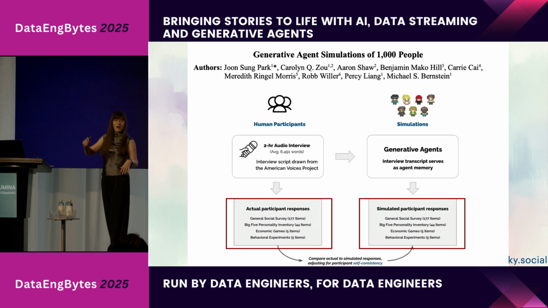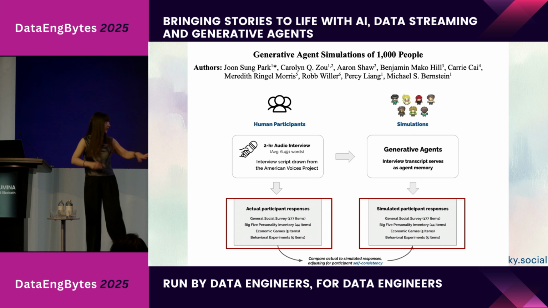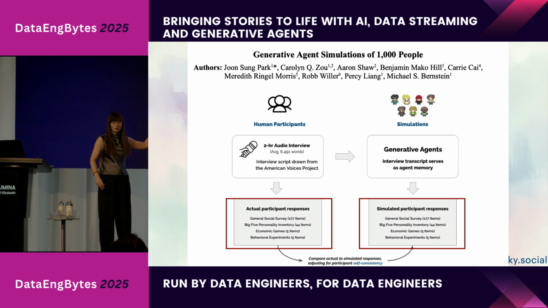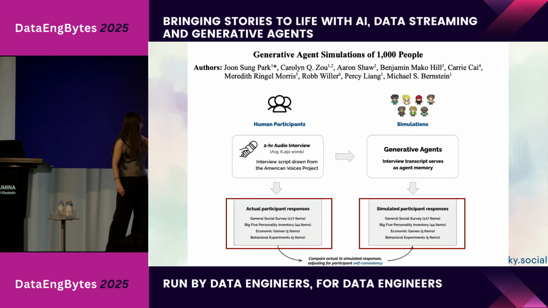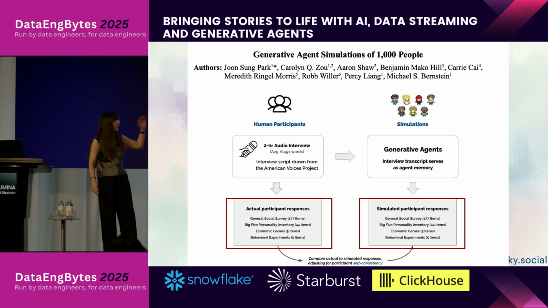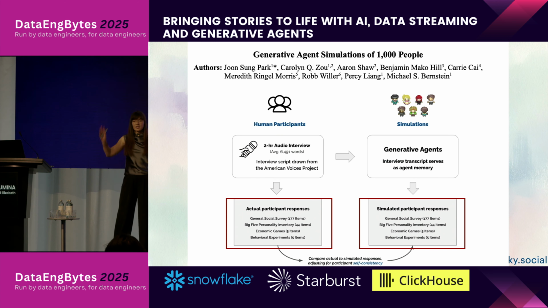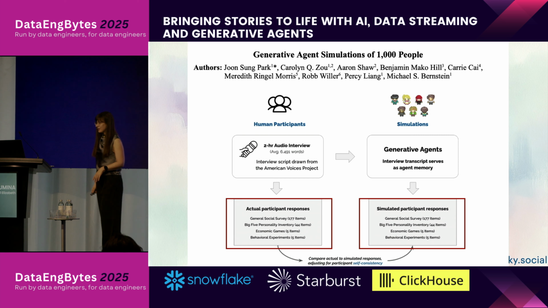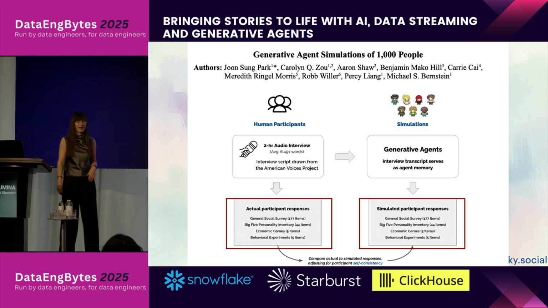They ask you a new set of questions, like the Big 5 personality inventory and economic games, which I am not a social behavior scientist, I don't know, but there is also a research paper where they explain all those things. They run those tests on both the humans who gave the interview and the created agents. And they showed that it can very accurately simulate those humans.